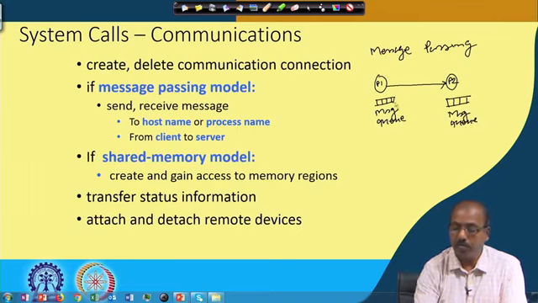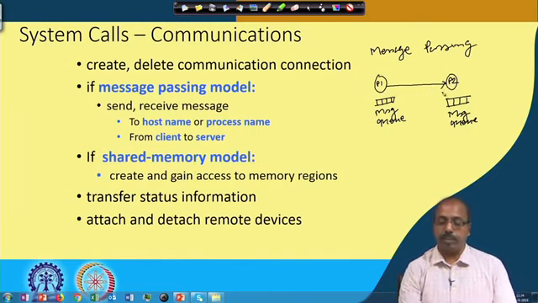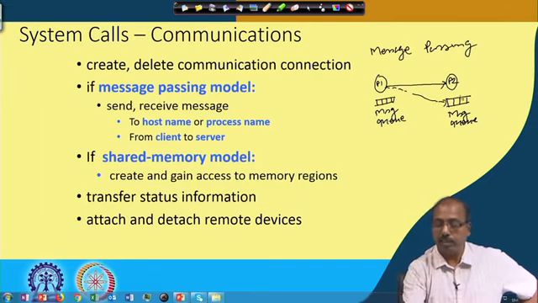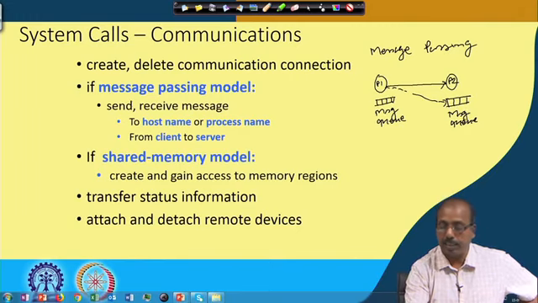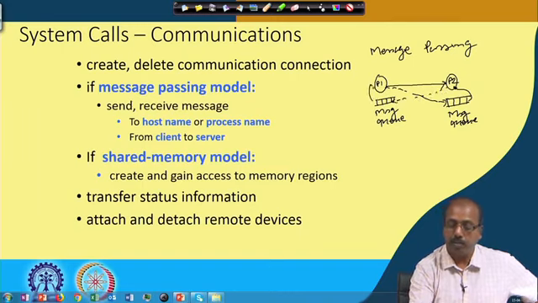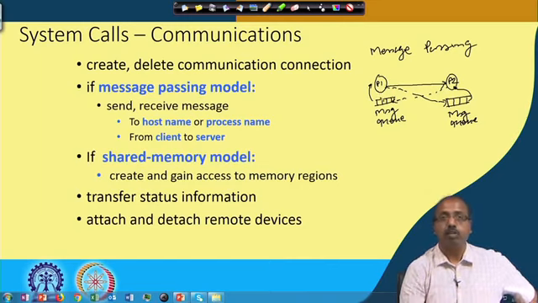When P1 wants to tell something to P2, it will send the message to this message queue. As soon as some message has arrived in the message queue, when P2 wants to read from the message queue, it will get that message. Similarly, if P2 wants to send some message to P1, it will be written onto the message queue of P1, and later on when P1 reads from the message queue, it will get the message.